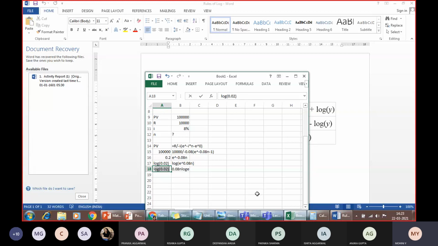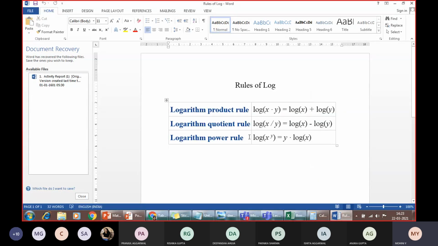फर्स्ट यू विल राइट दिस एज log 2/10. उसको आप फर्दर, सिंस इट इज इन द फॉर्म ऑफ डिविजन, सो इट विल बी expanded into this form, that is log x minus log y.